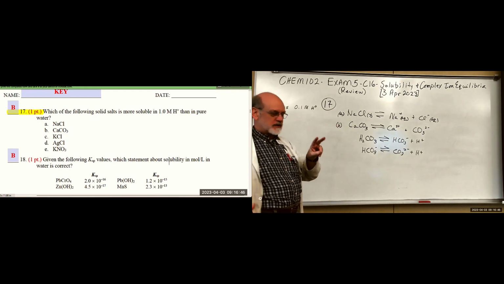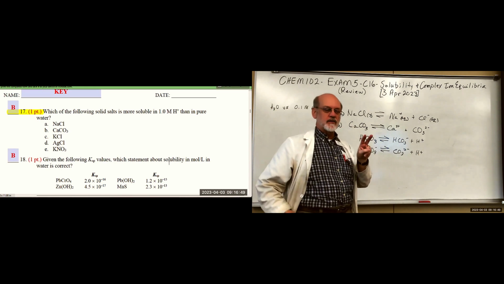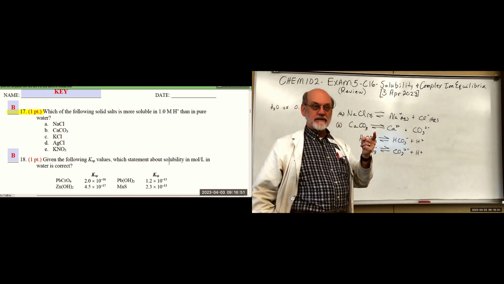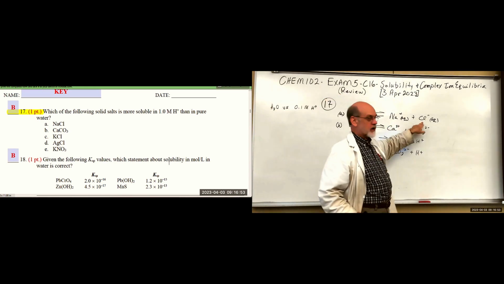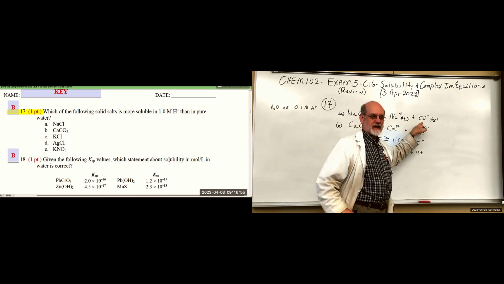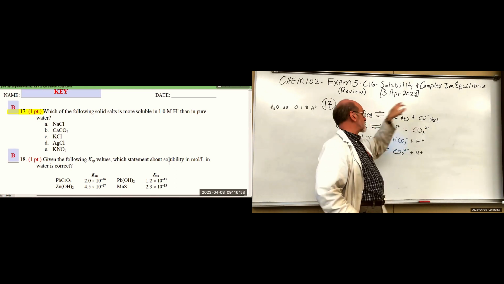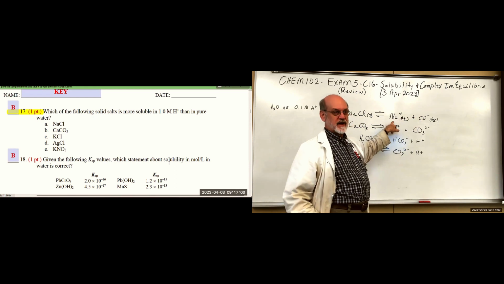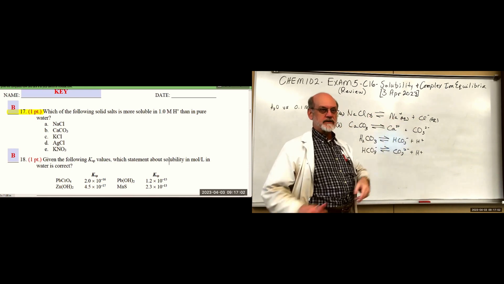There are 2 ways that you can get a compound to be more soluble. One is if it has a strong conjugate base in its makeup. And the other is if it doesn't, then you attack the cation with a complex ion. Those are the 2 ways you increase solubility.